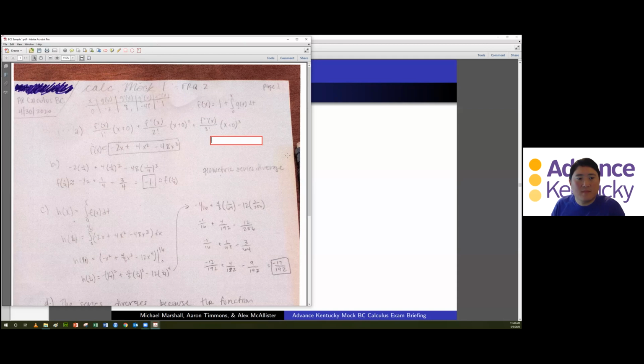All right. So this student in part A, I can already see some problems, but I do want to see if they can earn that first point with 2 correct terms. And I see that negative 2x and the plus 4x squared are correct. So this would be a 1, 0.